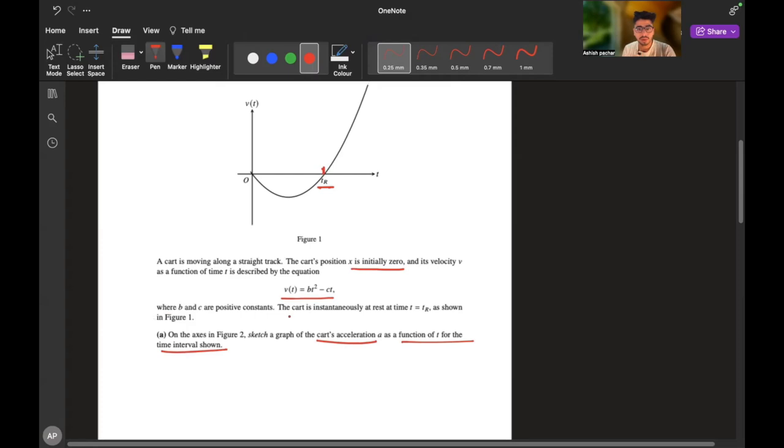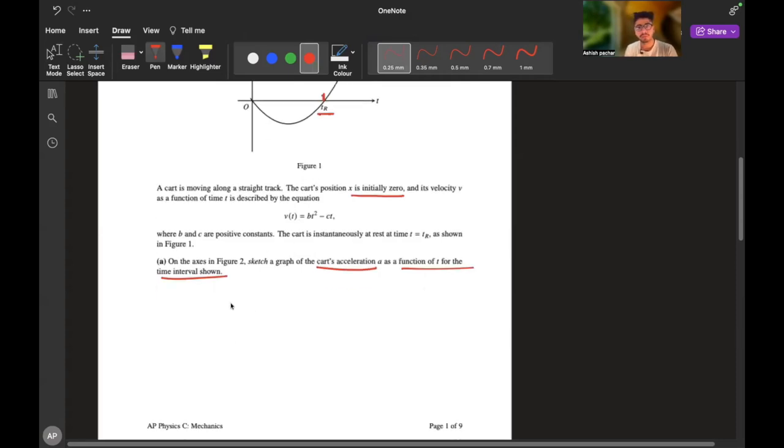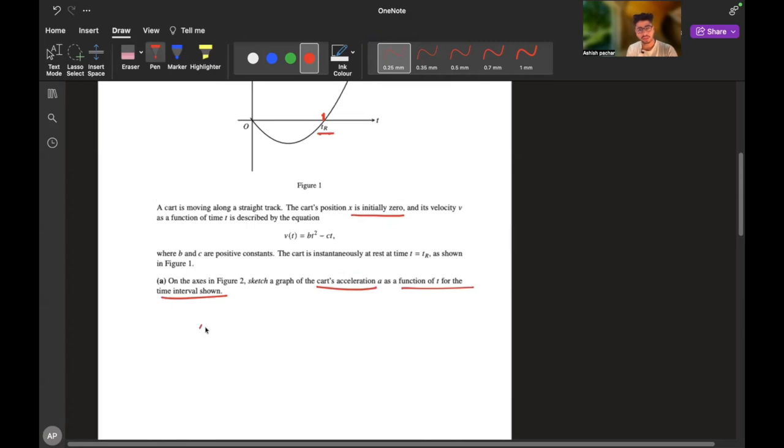As we know, the velocity-time function is given to us. To find the acceleration, you have to differentiate it, correct? So we differentiate the velocity function with respect to t, and the derivative comes out to be 2bt minus c.